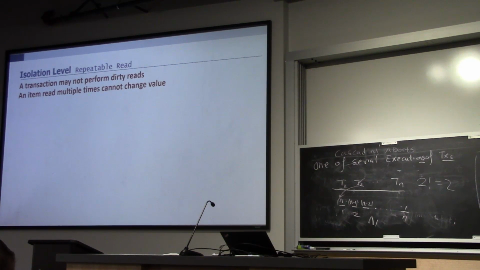To show that, all I need to show is the following: I can have some schedule, an interleaving of actions from different transactions, that will be rejected by the serializable isolation level, but somehow allowed by repeatable read. If that's the case, indeed, repeatable read is a more relaxed isolation level than serializable, right? That's all we need to do to show that.